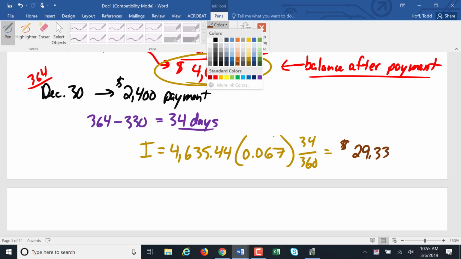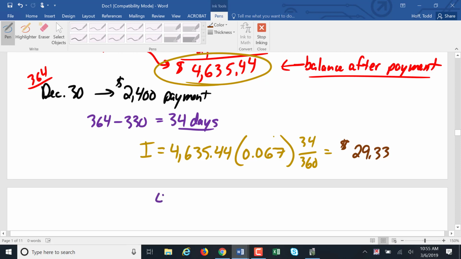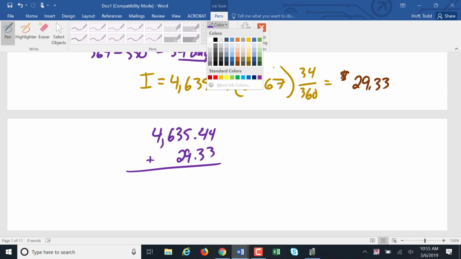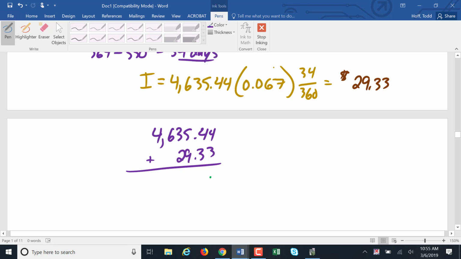So that amount has to be added in to our $4,635.44. That was our previous balance. We're adding in the interest to get $4,664.77 is our balance before the payment.